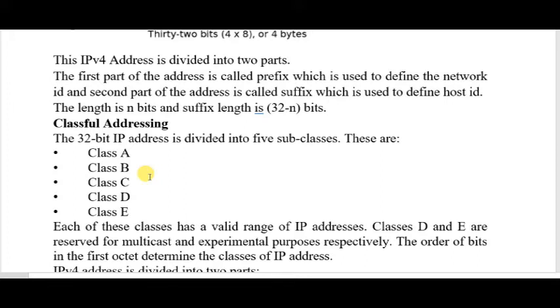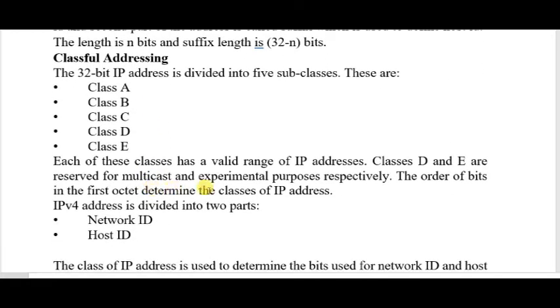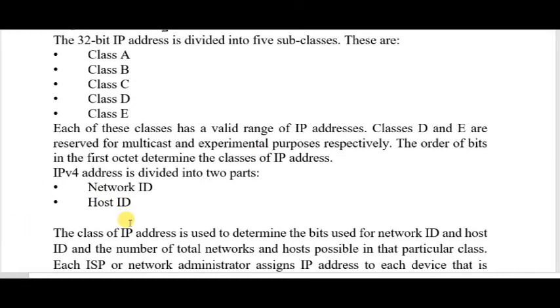So for the requirements of organizations, IP addresses are classified into class A, class B, class C, class D, and class E. Each class has a valid range of IP addresses. Class D and class E are reserved for multicast and experimental purposes only, and A, B, and C are used by organizations.